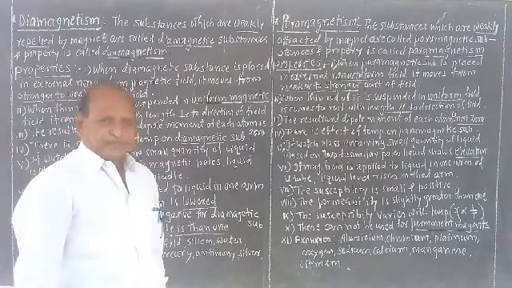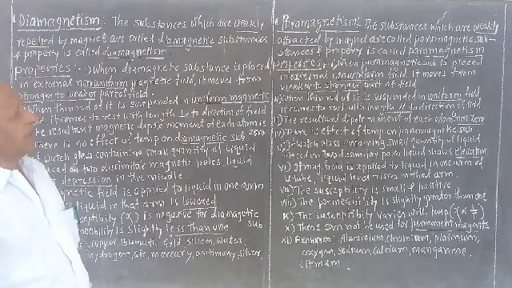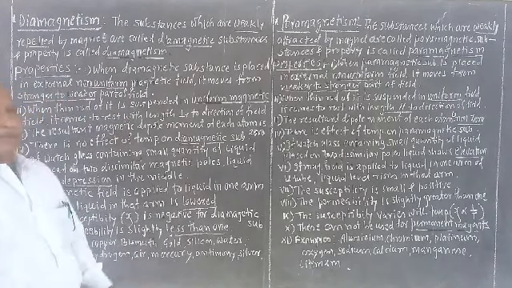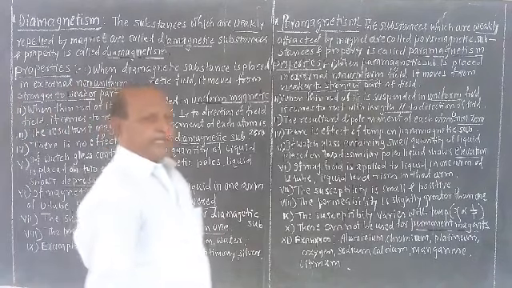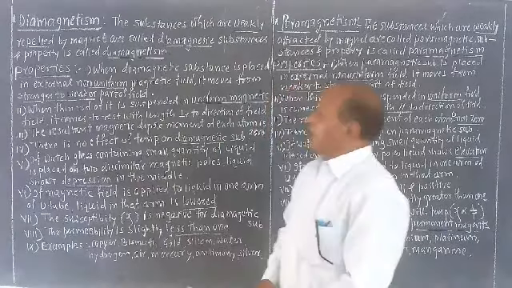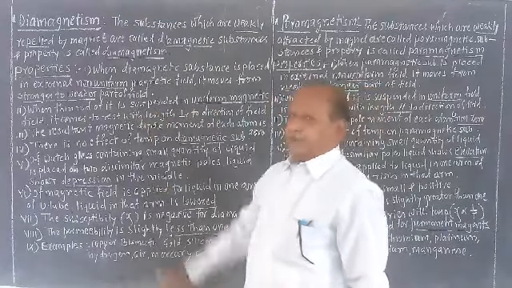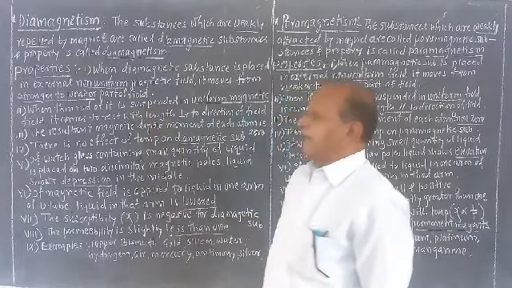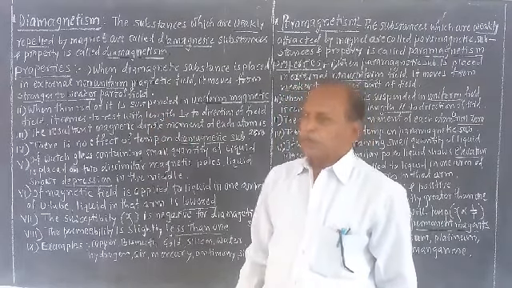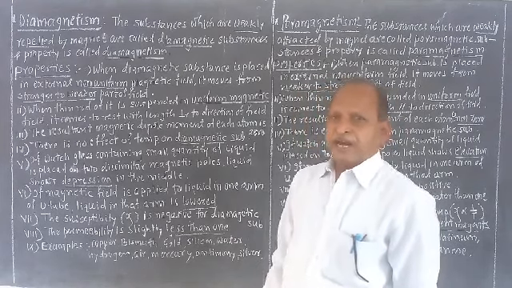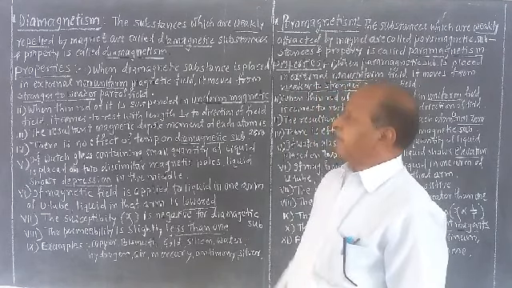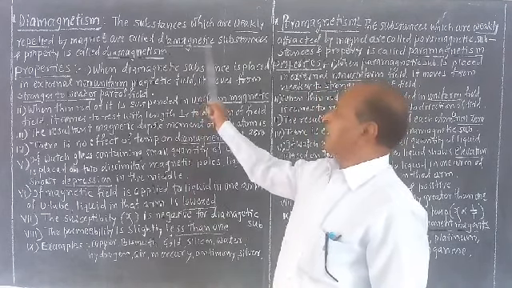The substances which are weakly repelled by a magnet are called diamagnetic substances, and the property is called diamagnetism.